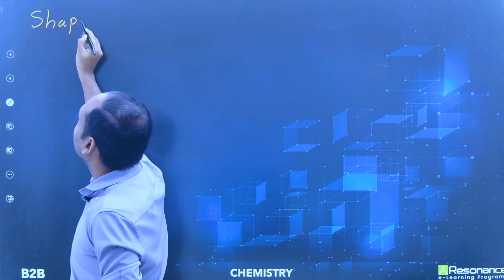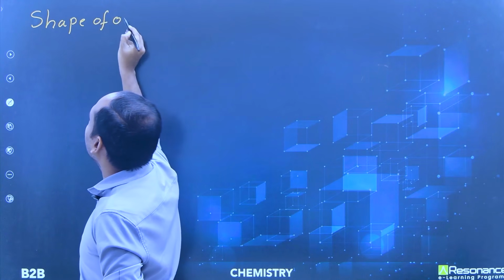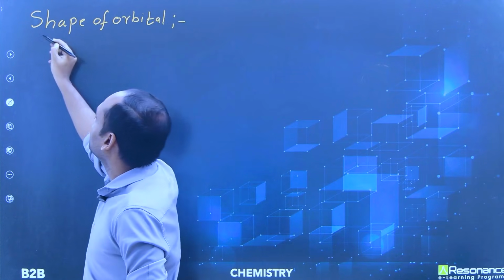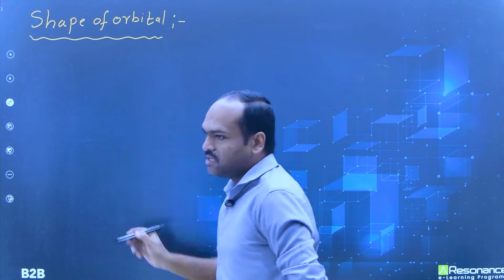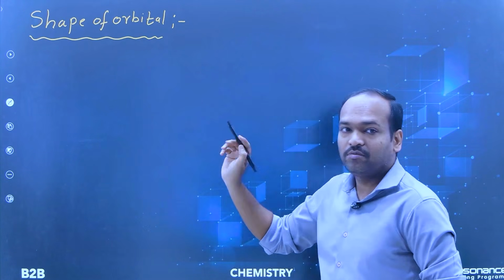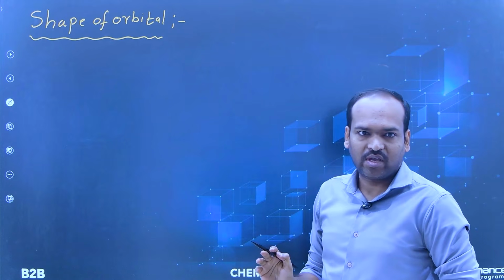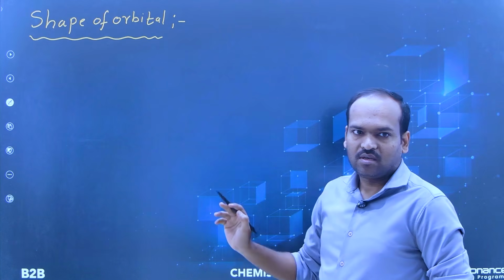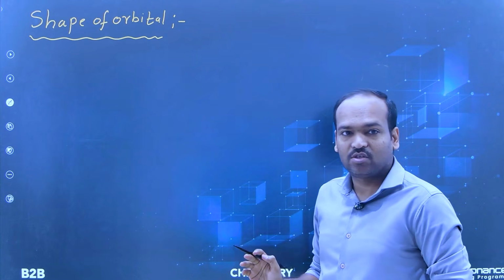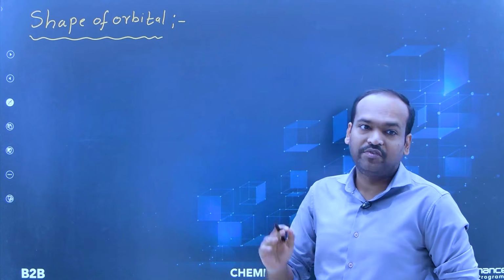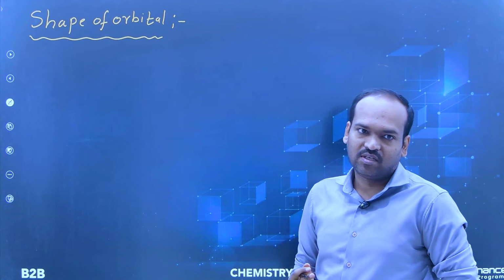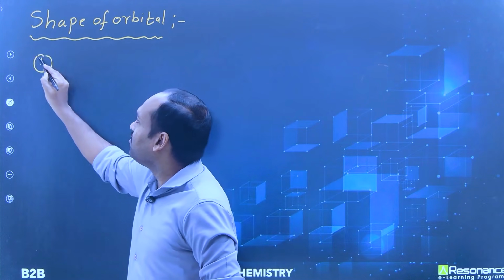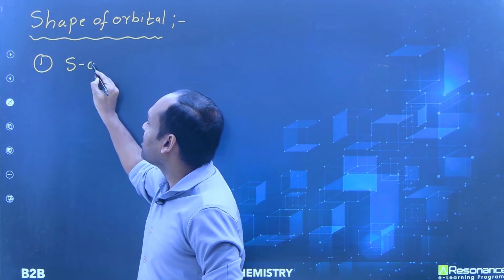The shape of orbitals is known with mathematical evidence, and also experiments like spectroscopy, which is a bit higher science. Here, first I am taking the s orbital.